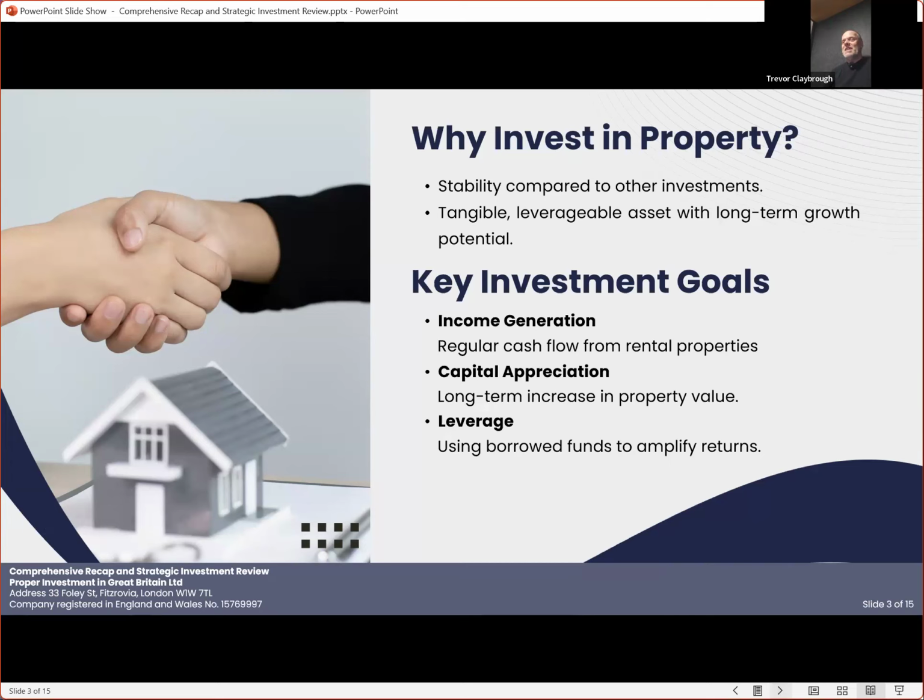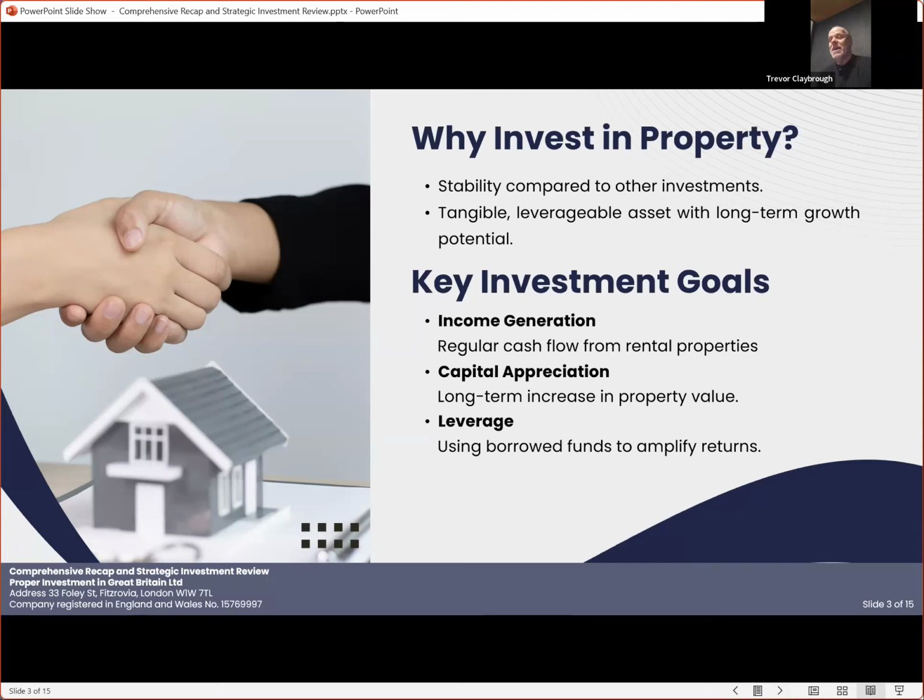Why invest in property? Compared to other investments, property is stable. If we compare it with crypto, which can really go up and down, property is generally always increasing in value over time, with some small dips, and then carrying on increasing. We've also got income generation, capital appreciation, and we can use leverage.